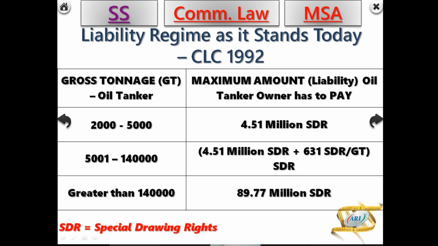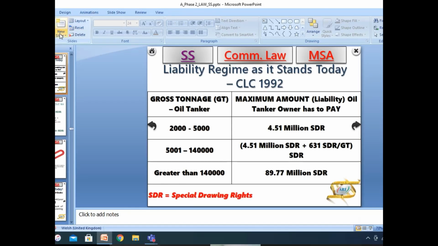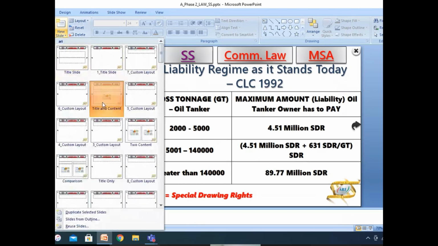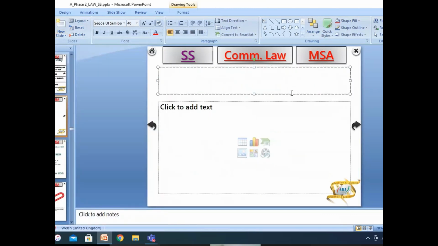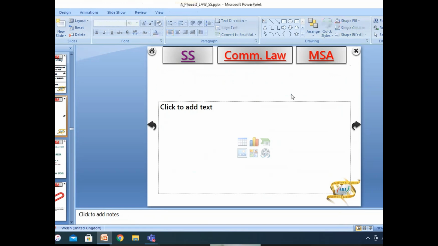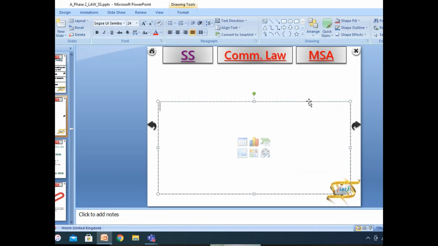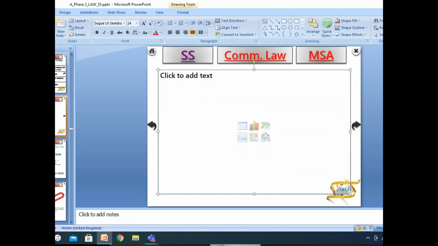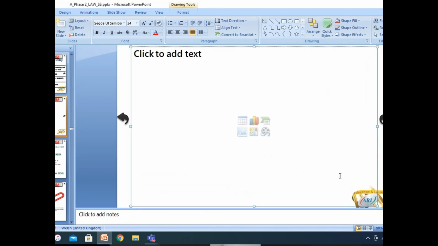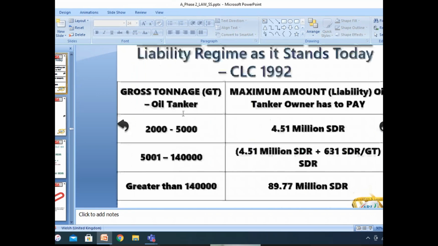dollars, million. Now, I want to show what is the meaning of this. It says 4.51 million plus 631.